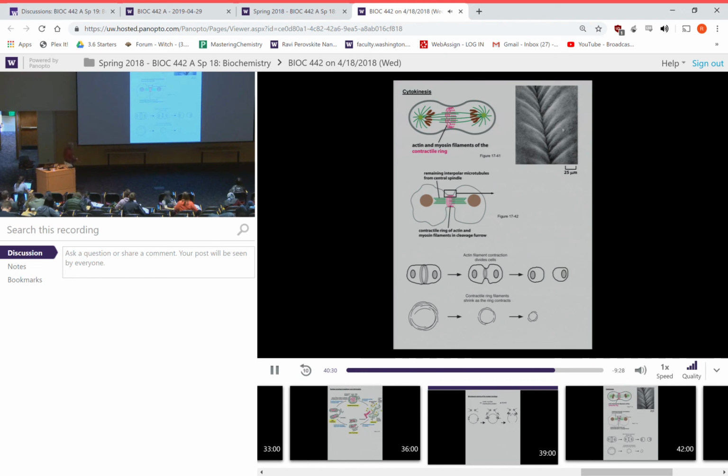So these actin filaments will be pulled against each other, and then they'll depolymerize, so the ring will shrink, and the actin will get shorter and shorter until eventually, basically, the cell gets pulled in half, okay? So you can see now how that third component comes in.